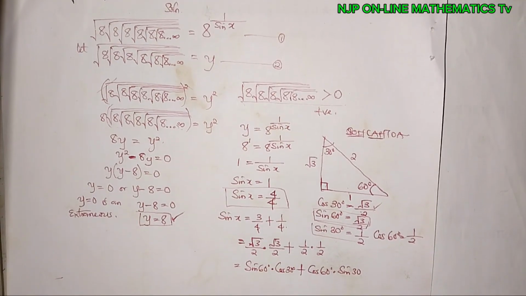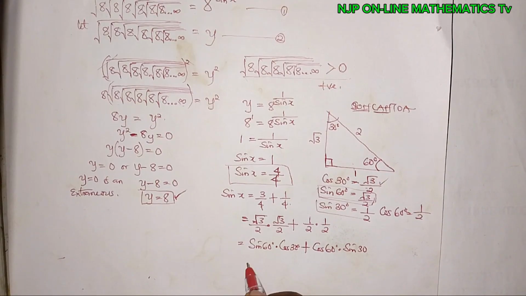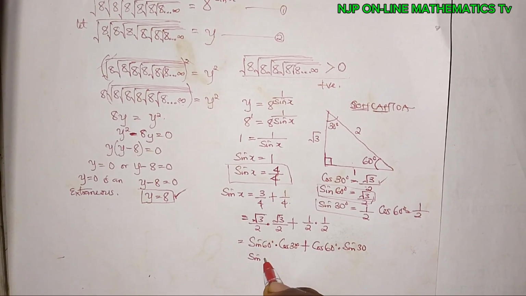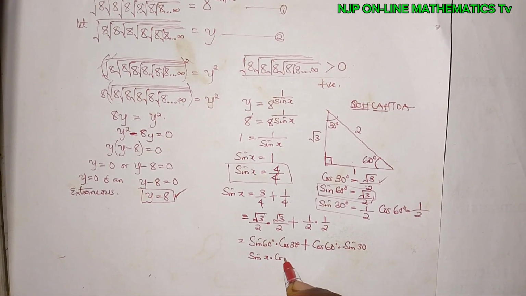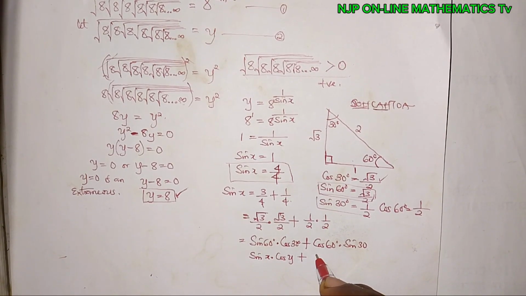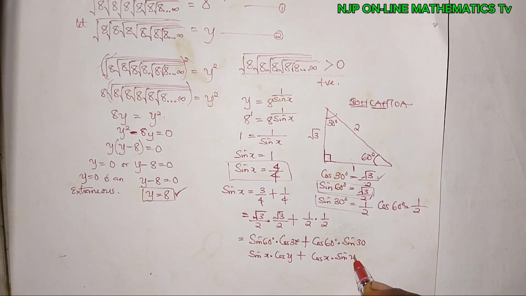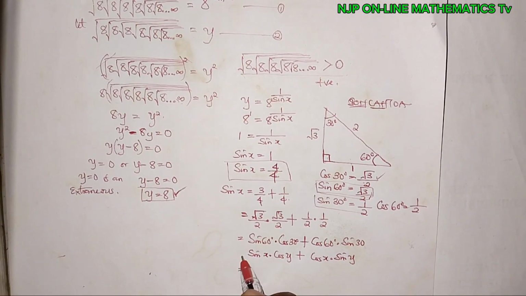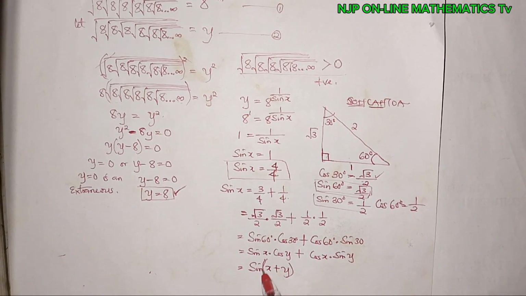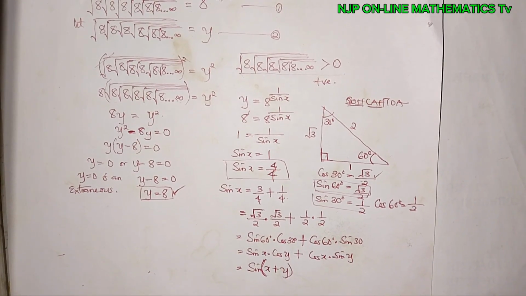And from the trigonometric functions, sine x multiplied by cos y plus cos x multiplied by sine y is the same thing as sine of x plus y. Therefore, the angle becomes x plus y.